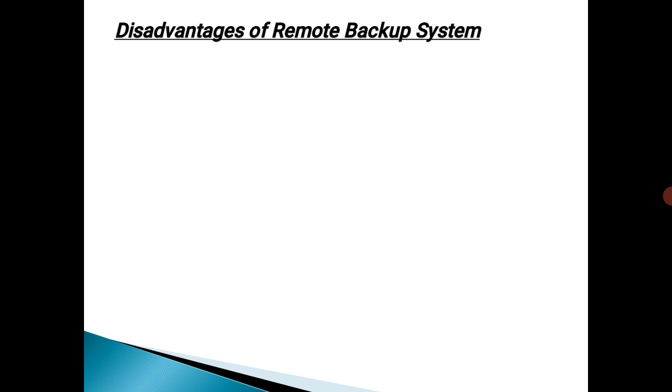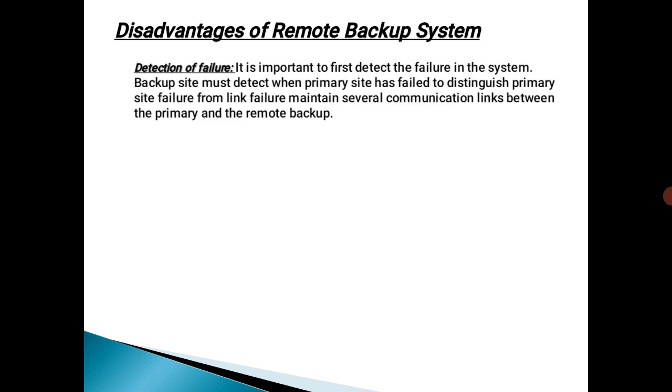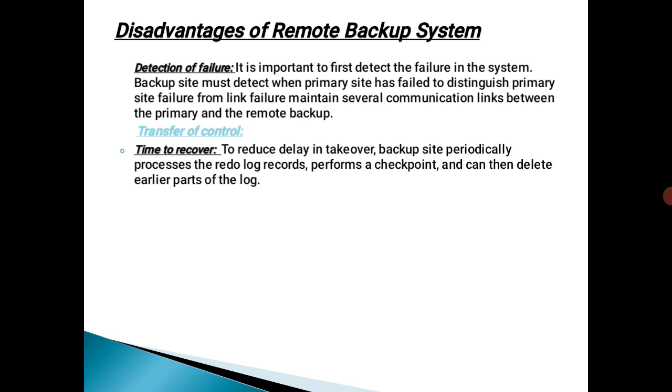Maintain several communication links between the primary and remote backup. Transfer of control, time to recover: to reduce delay in takeover, the backup site periodically processes the redo log records, performs a checkpoint, and can then delete earlier parts of the log.